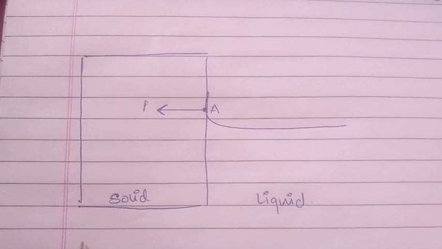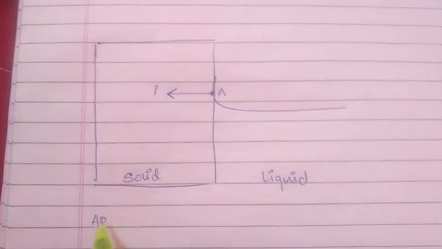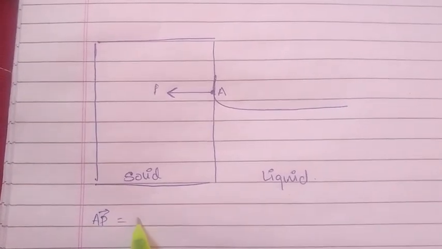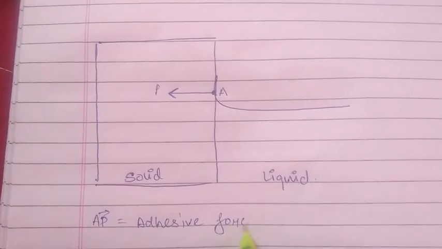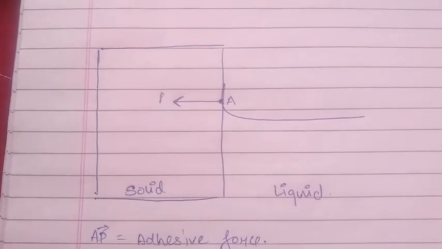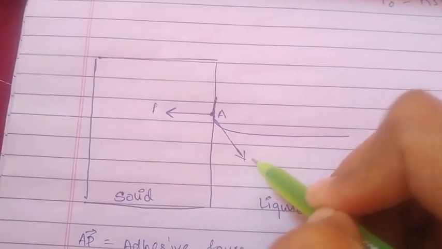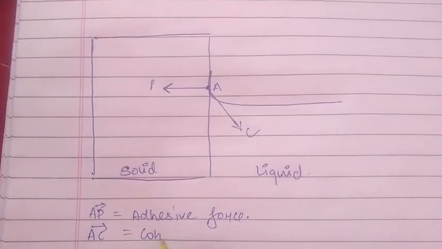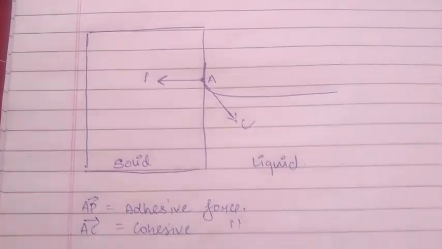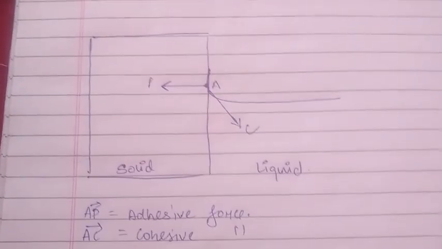So AP is the net adhesive force, and we know that adhesive force is the force between two different kinds of molecules. The other is the net cohesive force, which acts in this direction. So the net cohesive force is AC. One is the adhesive force and the other is the cohesive force.